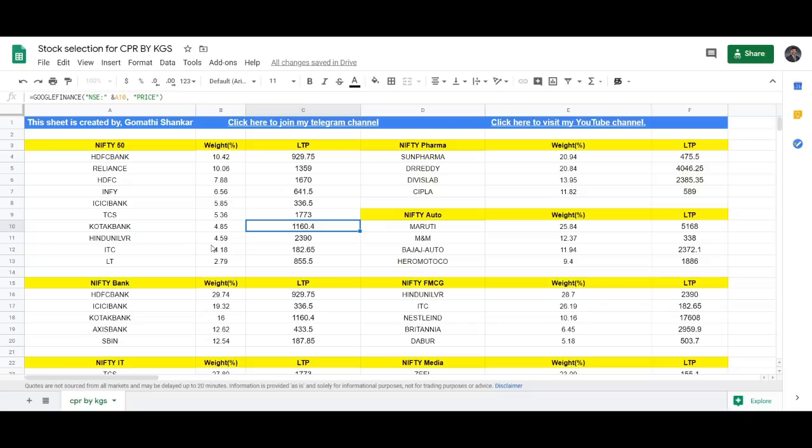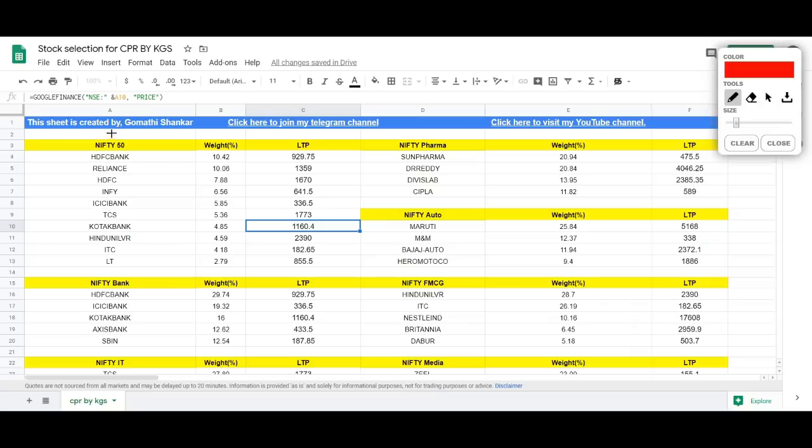So I have prepared a sheet where all the indices are there. For example, I have focused on Nifty 50, and in Nifty 50 I have taken only 10 stocks out of the 50, based on weightage.